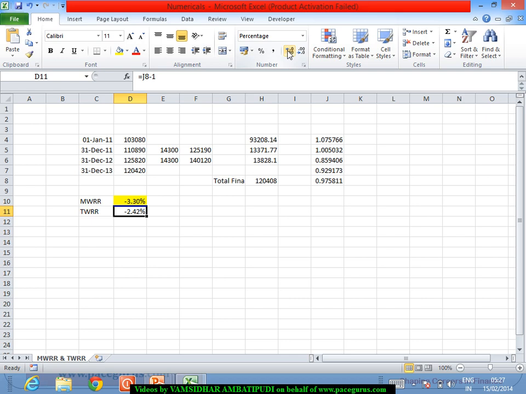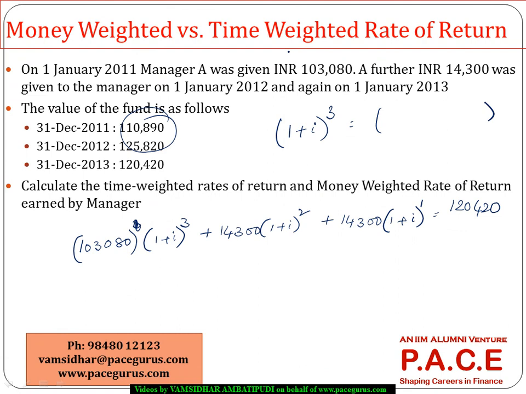But just for this numerical, how to compute the money weighted rate of return versus the time weighted rate of return, we really say that there is a difference in the way they are computed, because the time weighted rate of return definitely takes the intermediate performances of the fund just before a new cash flow is invested or an existing cash flow is being pulled out of the investment.